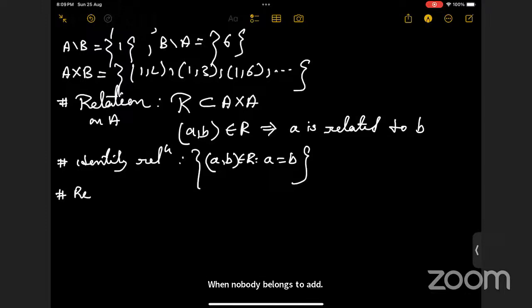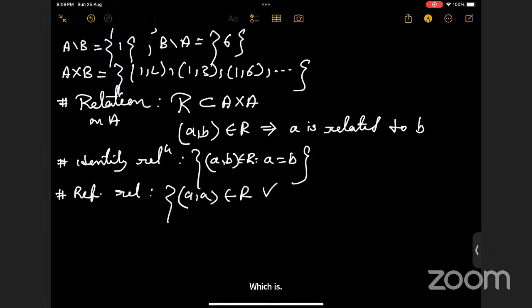And then we have the reflexive relation, which is (a, a) belongs to R for every a belonging to the set A. So now you have to tell me what is the difference between an identity relation and a reflexive relation.